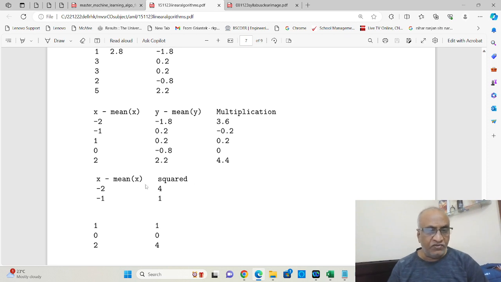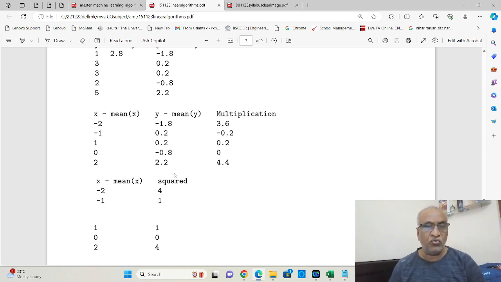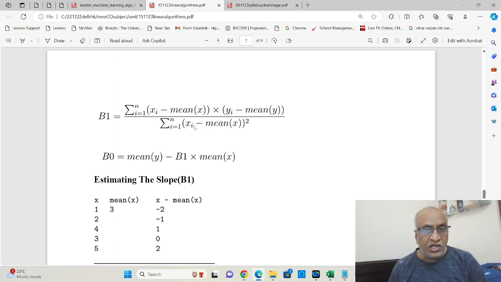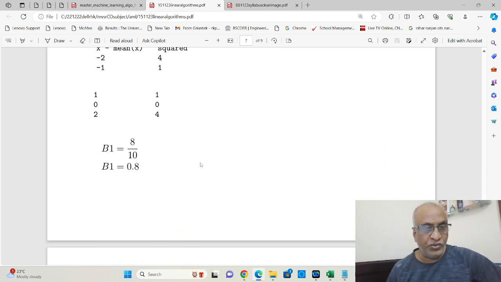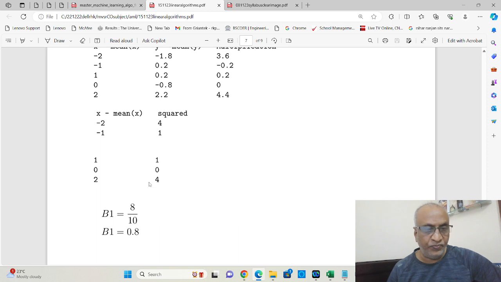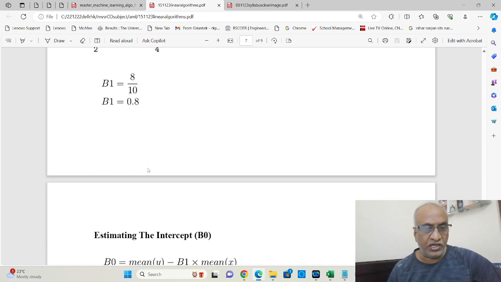The square of that will be this much: 4, 1, 0, 1, 4. So that gives our denominator term. So now we can calculate the b1 value because we know the numerator and we know the denominator. So b1 will be 8 by 10, which is 0.8.